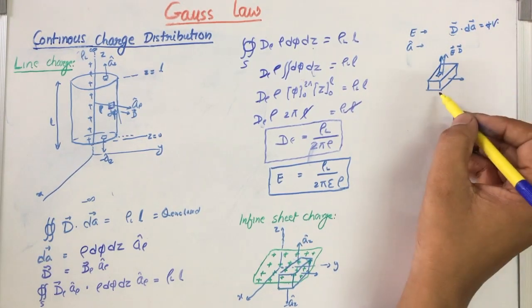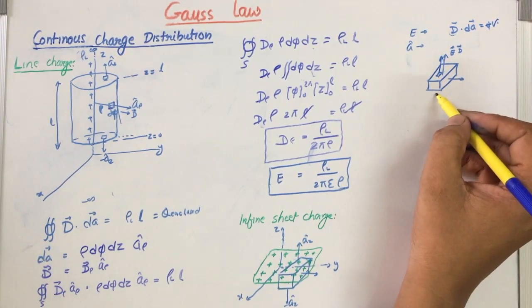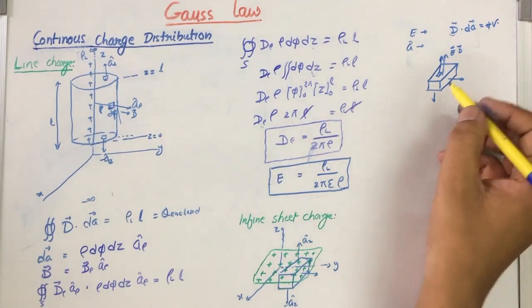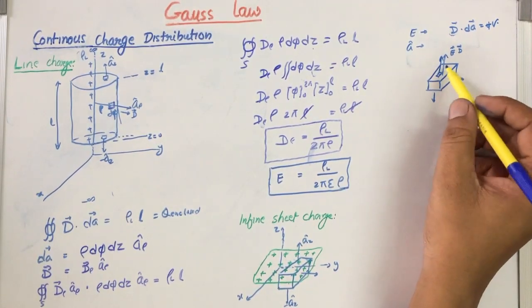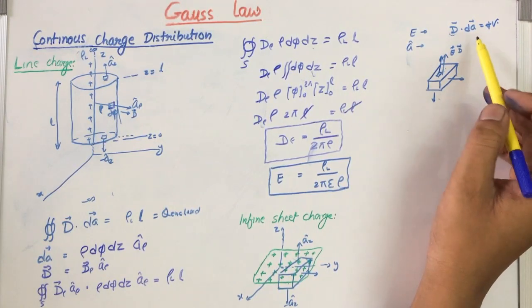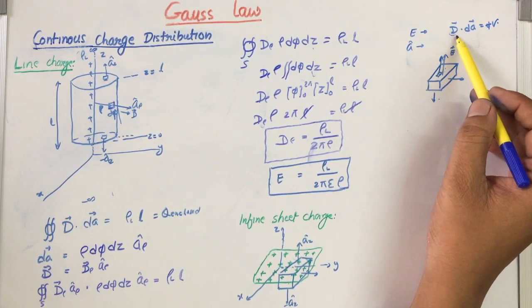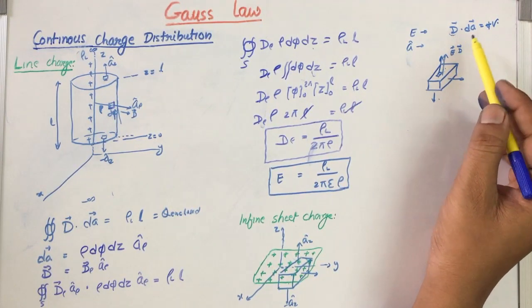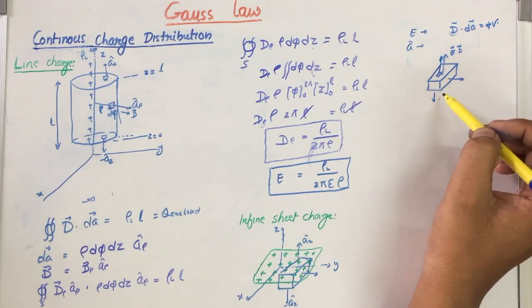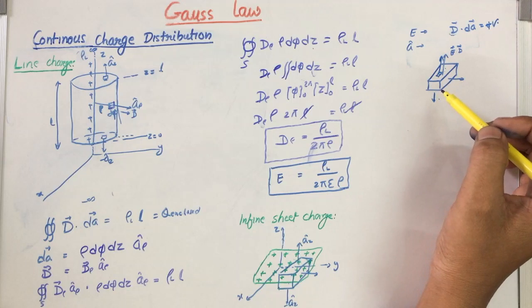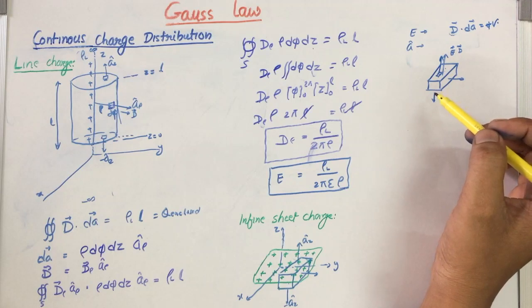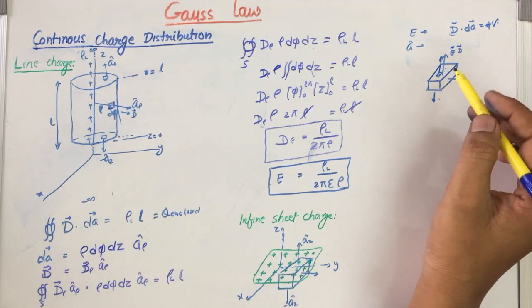A similar case will be there for the bottom surface. So in the case of top and bottom, we can consider D dot dS. However, for the remaining surfaces, it is not required to evaluate. So if we have to proceed, we just consider the top and bottom surfaces.